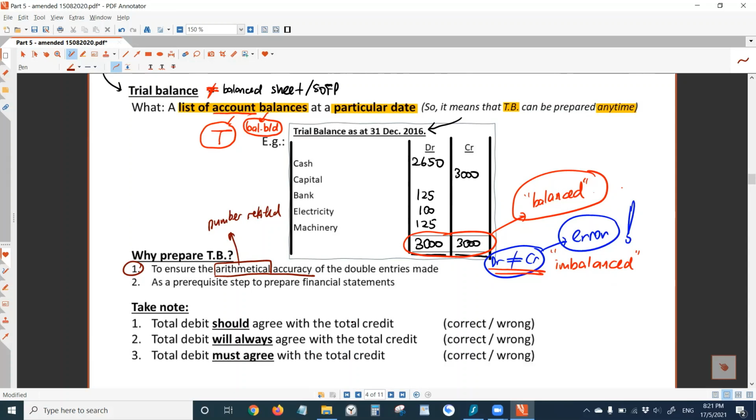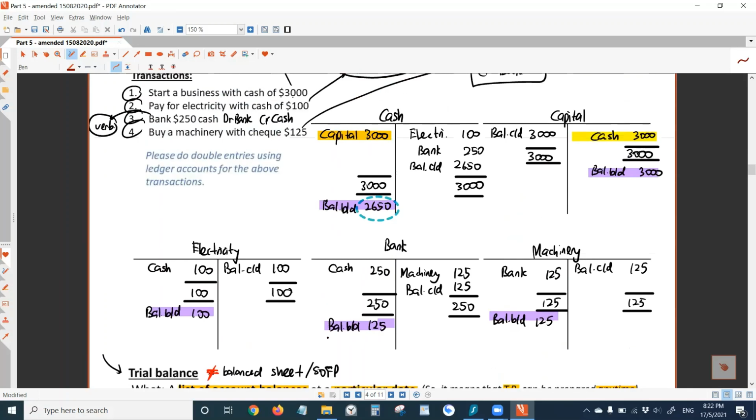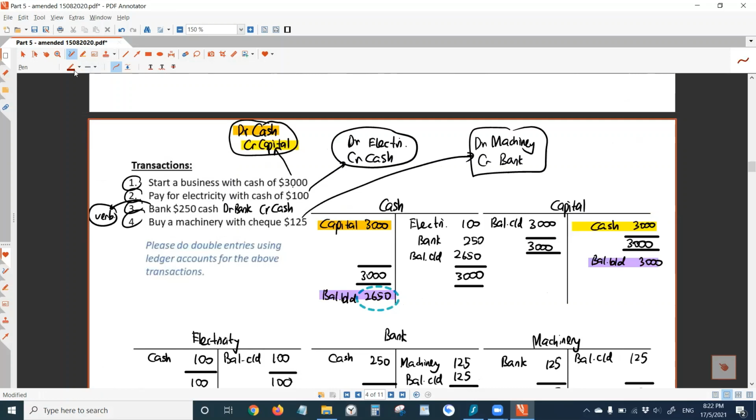For example, you cannot ensure that you have debited the electricity account and credited the cash account, but you can only ensure that you have used the same amount for both the debit and credit entry. I'll give you an example.